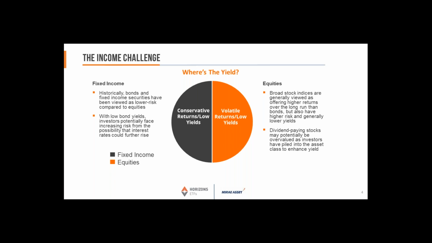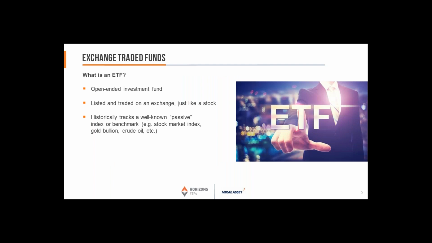But the issue then is what we call the income challenge. If you're looking at a portfolio where you're trying to generate a higher amount of income, it's a lot more difficult than it was 2 or 3 decades ago. If we go back to 1994 even, which was the last time we saw interest rates rise, yields were probably somewhere in the 8 to 9% range.